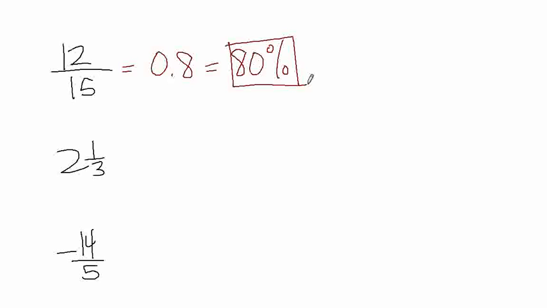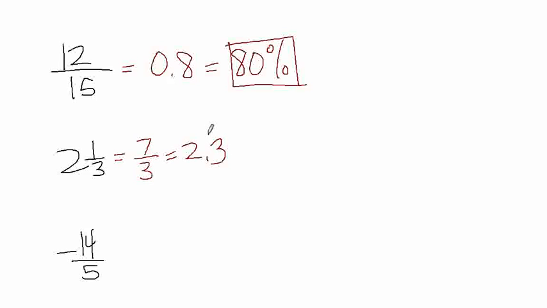Okay? For 2 1/3, I would first convert it to an improper fraction, 7 over 3. Then I would do the division, and if you do, you will get 2.333 with the 3's repeating forever.